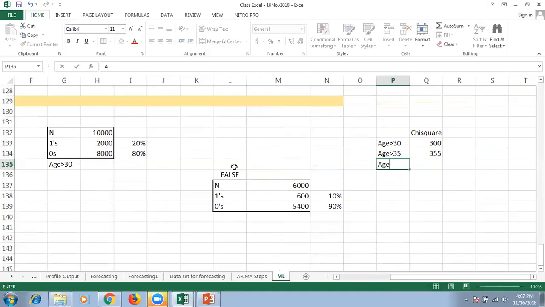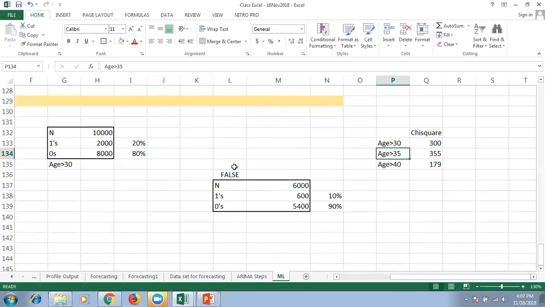And age greater than 40, I got 179. So which one is better out of the three splits? Which split is better? Of course, 35 is the best split because that is where I'm getting the highest chi-square, which means a strong relationship. If the chi-square is high, it has a stronger relationship, right? Do you agree with me or not?